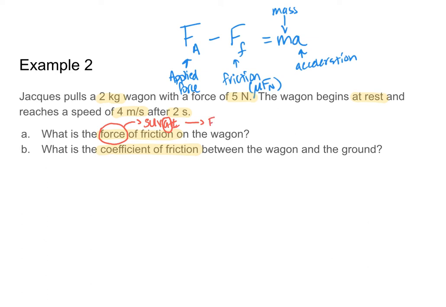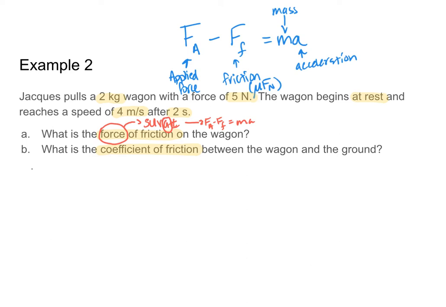So instead of writing F net equals ma, what I'm going to write is my applied force minus the force of friction is equal to ma. And again, that's just what my net force is, right? Those are the forces making up my total force. But it's a little bit of an easier way to conceptualize some of these frictional problems. So let's take a look at part A and find the force of friction on the wagon.